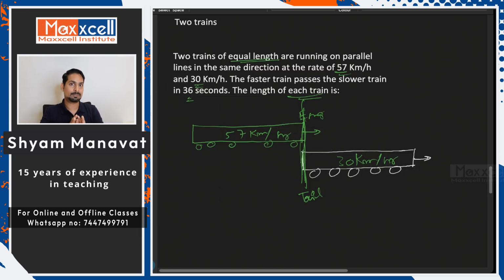So we have to consider that they are in this situation, where the engine of the faster train is parallel to the tail of the slower one. This is the condition we have to consider.